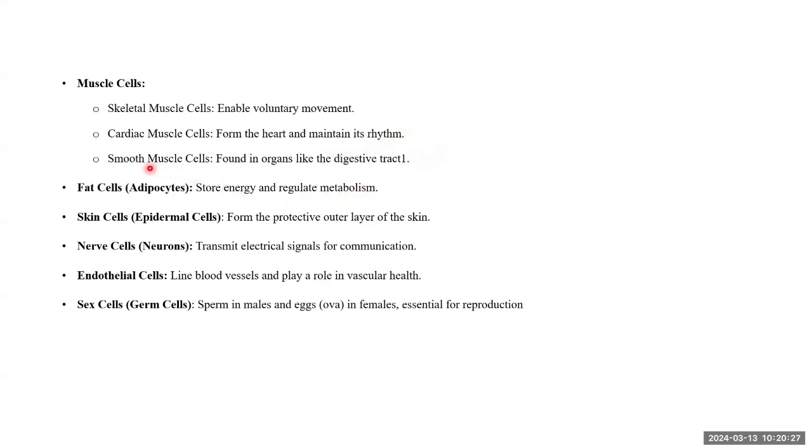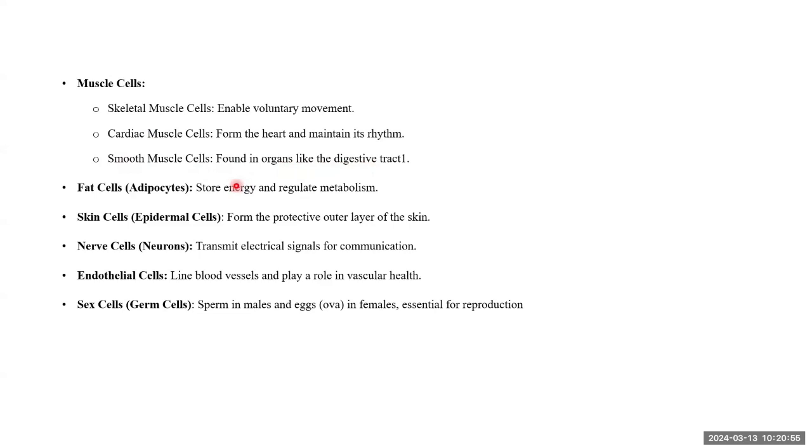So these are different types of muscle cells that carry different specific functions. For example, skeletal muscles, as I said, help in voluntary movement. All the different muscle cells in our body that we can control are skeletal muscle cells. Then cardiac muscle cells are present only in the heart. Then there are smooth muscle cells that are found in organs like the digestive tract.